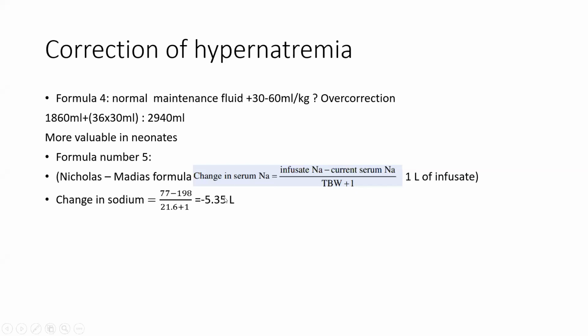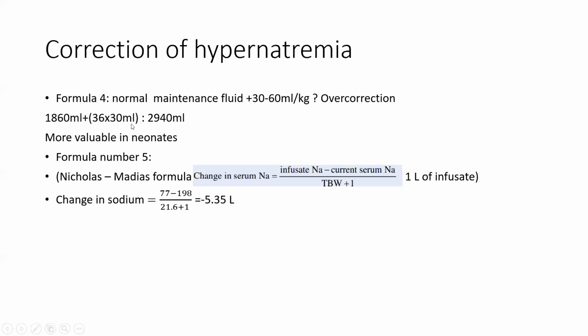So if you use it for our case, the normal maintenance fluid for our patient was 1 liter for the first 10 kilos plus 500 mils for the second 10 kilos, then plus 160 times 20. So it will give almost 1860 mils.